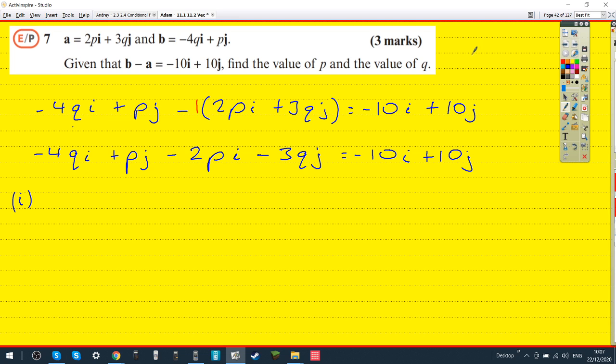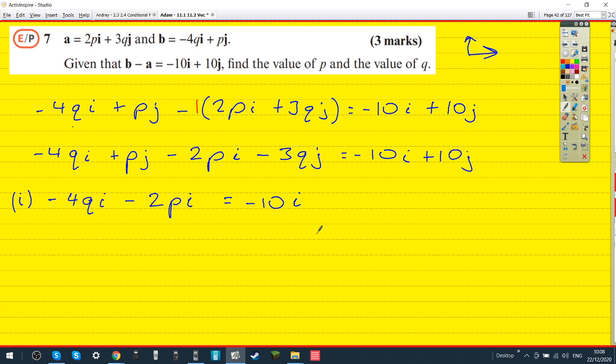So I is like in the X direction, it's 1 to the right basically, and J is 1 up. So if you look at just the I's, -4qi -2pi equals -10i.